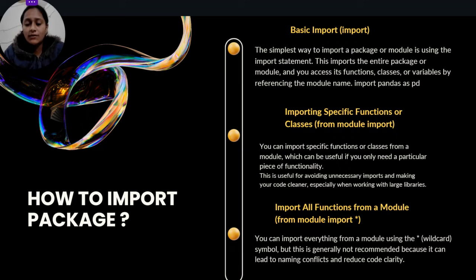You can import specific functions or classes from a module, which can be useful if you need only a particular piece of functionality. Third is importing all functions from a module, and the syntax for doing this is from module import star. You can import everything from a module using the wildcard symbol asterisk, but this is generally not recommended because it can lead to naming conflicts and reduce code clarity.